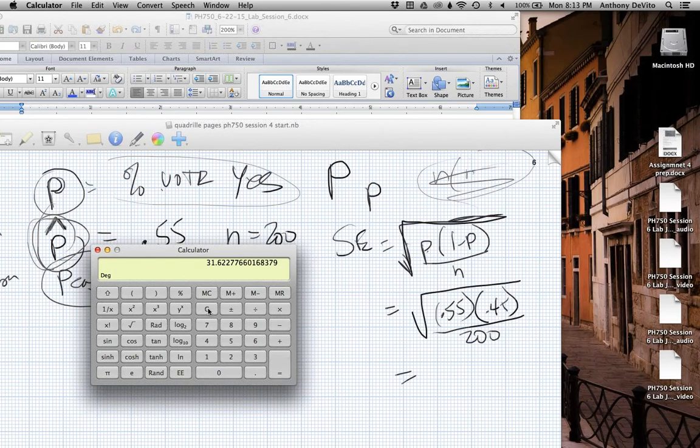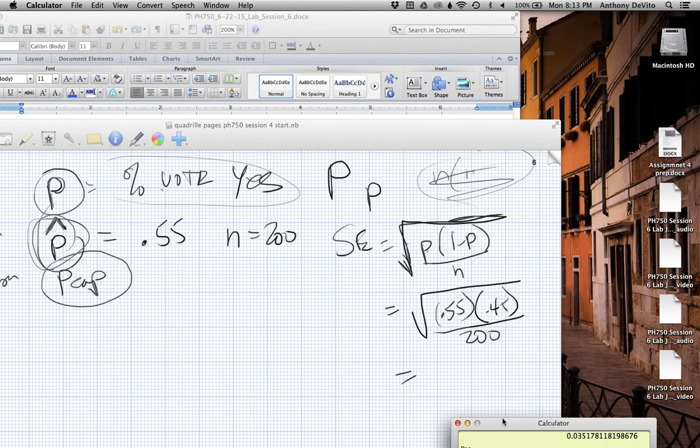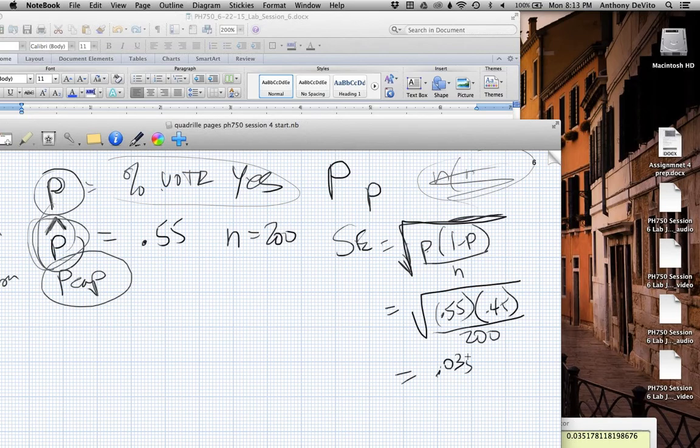Okay, it's going to clear this. 0.55 times 0.45 divided by 200 is equal to that. And I've got to find the square root of that. Square root of that is 0.035. Good work, Carol.